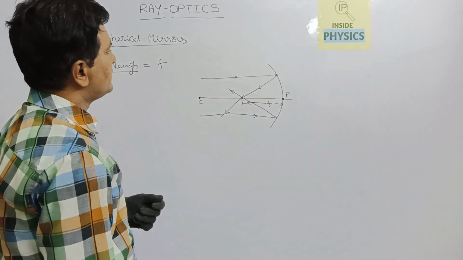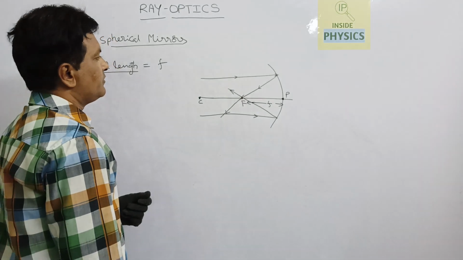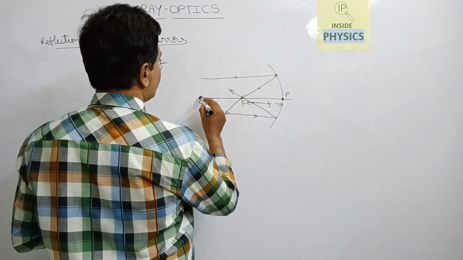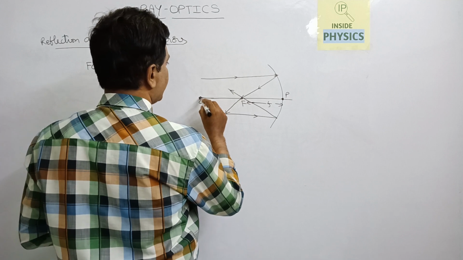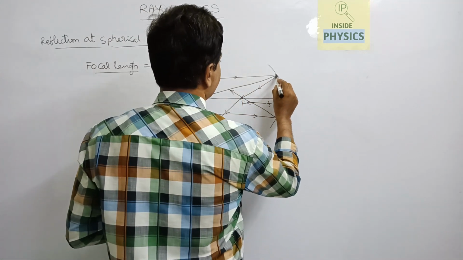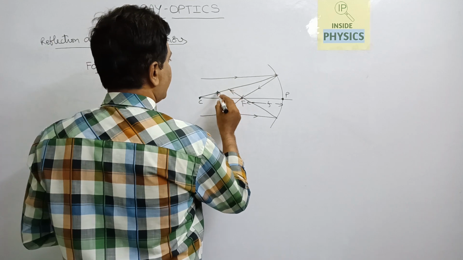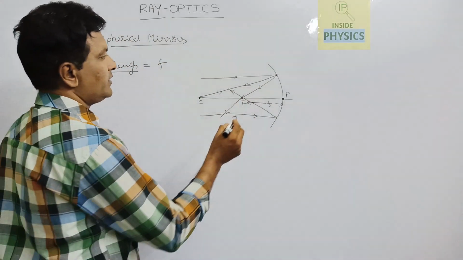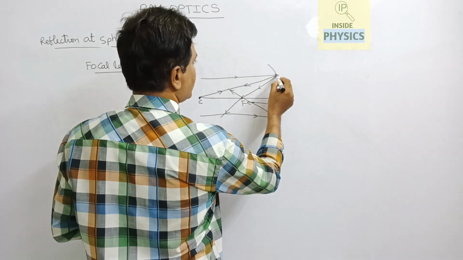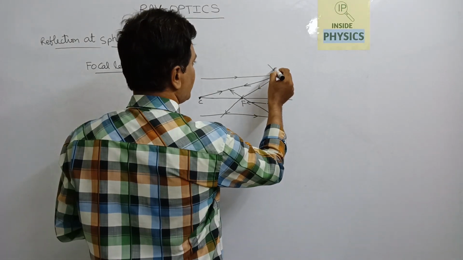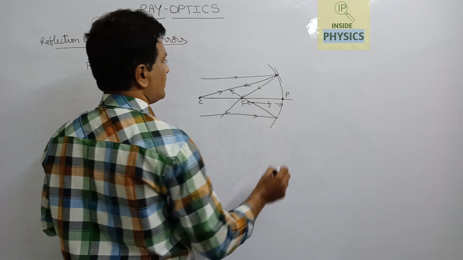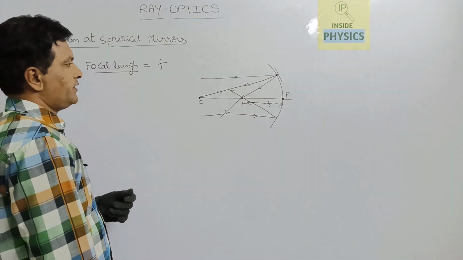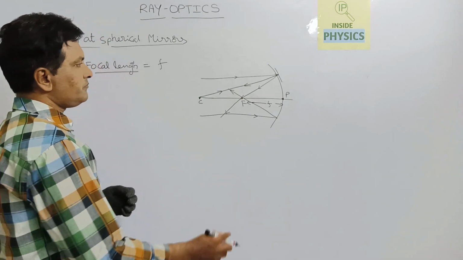So here, if we consider a ray coming out through the center of curvature and touching this point, the ray will be exactly reflected back, because at this point of incidence, as we have already seen, the light ray is incident normal to the surface. Okay, so this is the definition of focus.